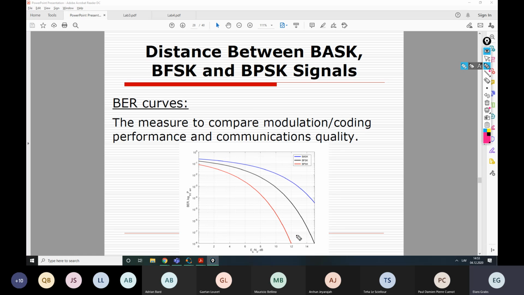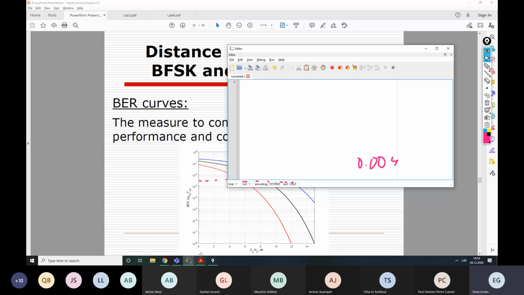In fact, by the way, we can see that, for example, for 12 decibel and amplitude shift keying, we should expect something in the values of, well, maybe, I don't know, 0.004, something like that, I think. No, wait a minute. Here, I think.